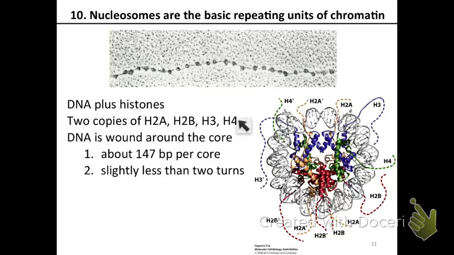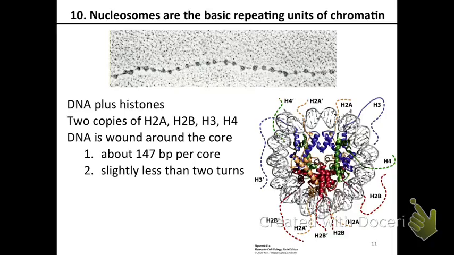These are small basic proteins that come together in an octamer made up of 2 copies of each histone. Okay? So that is the histone octamer, and here's a crystal structure of it. So 8 histone proteins here, 2 copies of each, and they come together to form this very stable hockey puck-like structure.